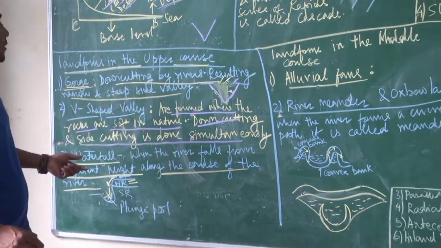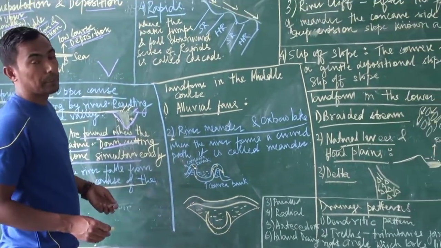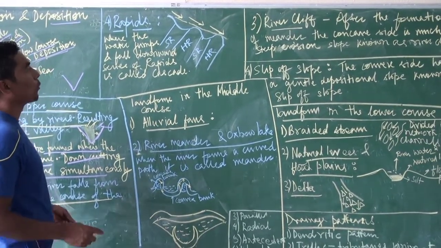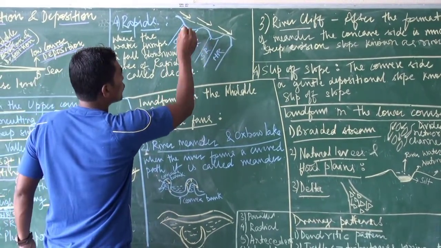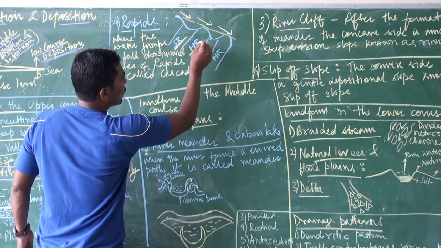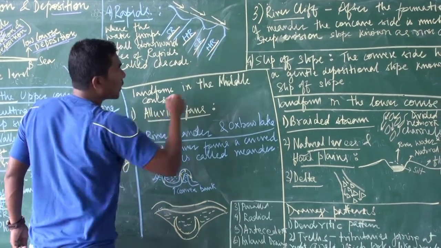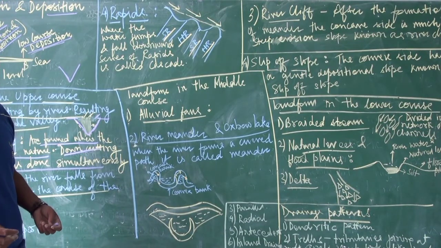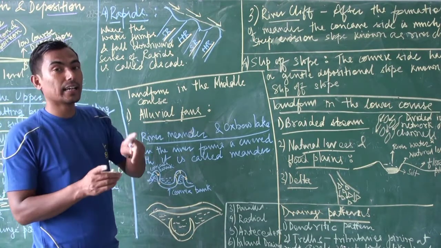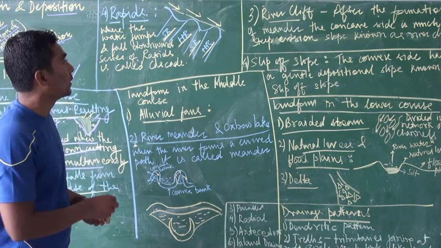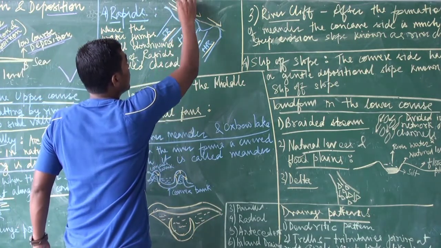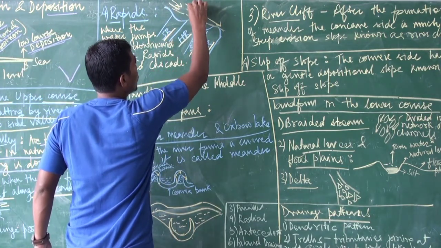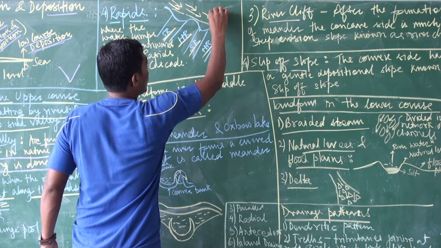Next is rapids. Now rapids come into existence where there is a series of soft rock, hard rock, soft rock and hard rock at a 45-degree angle. Whenever the rocks are inclined at a 45-degree angle, the river, this is the original course of the river, keeps on flowing.